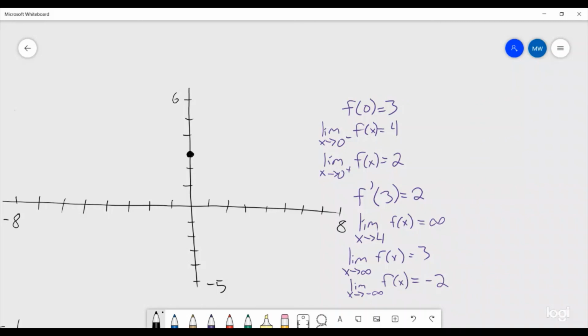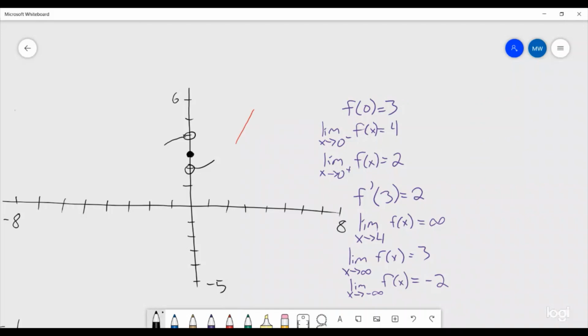So from this side, we need it to approach 4. So we need it to connect up like that, and then from the right, it needs to approach 2. So it's going to need to do something like that. We also need the slope of f at 3 to be about 2. So the slope of 2 is going to be about a slope like that.